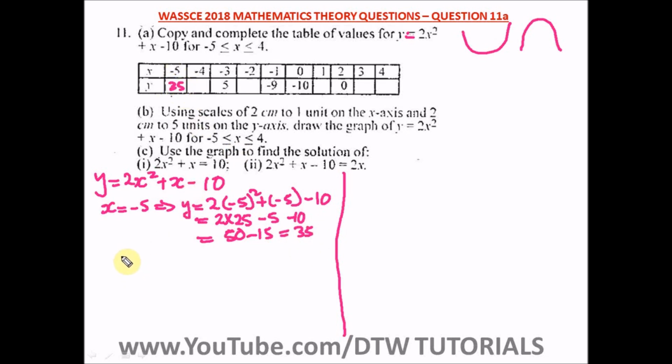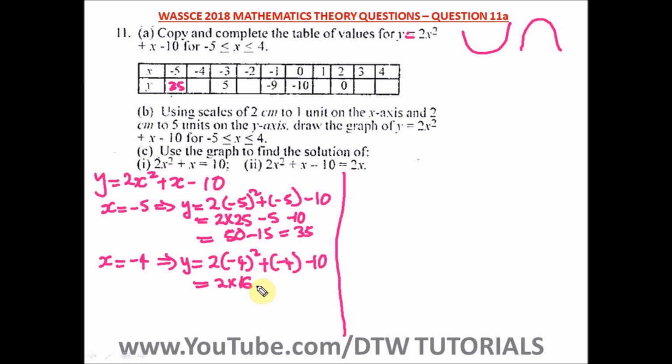Okay, so what's the next value? x is equal to -4. Okay, so we put in our value of -4, so we have 2(-4)² + (-4) - 10. So what do we have here? We have 2 times (-4)², which will give us 16.